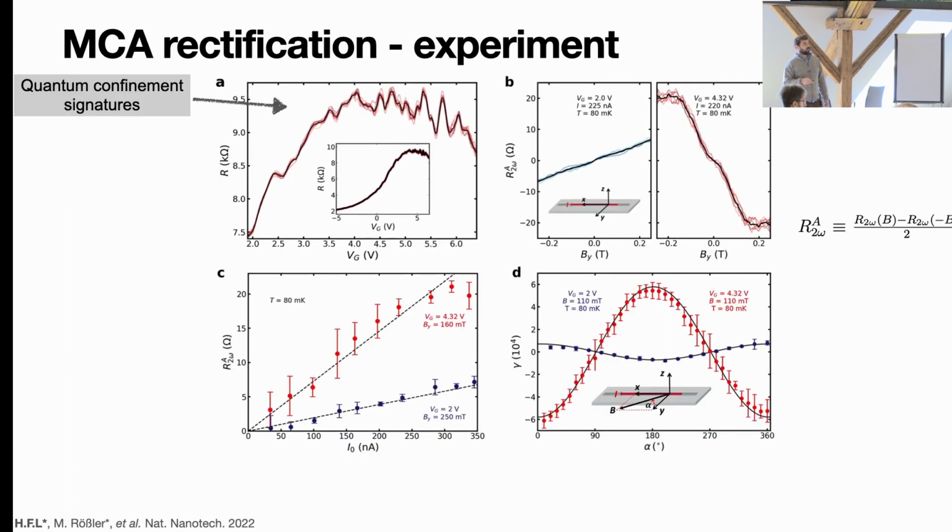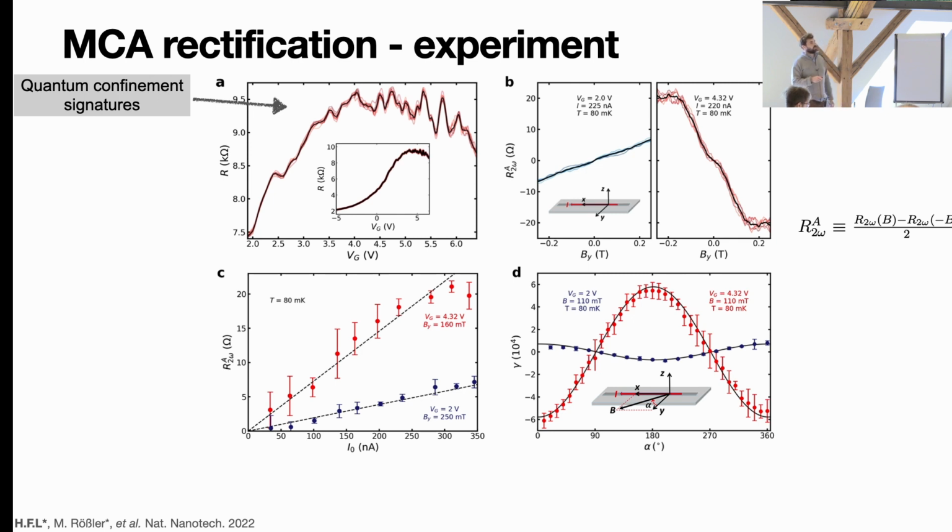But what we're interested in is the second harmonic. To measure these non-reciprocal effects, because it's proportional to I squared, you can put in a low frequency AC current, and then measure the second harmonic of that, which filters out for this I squared term.